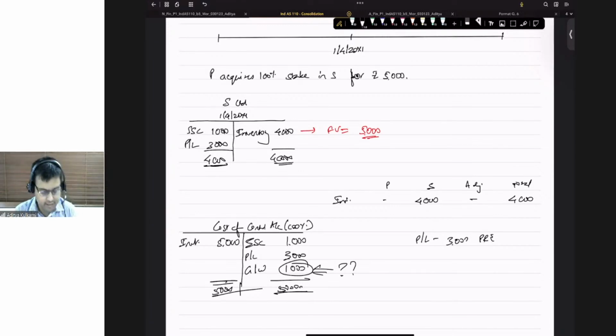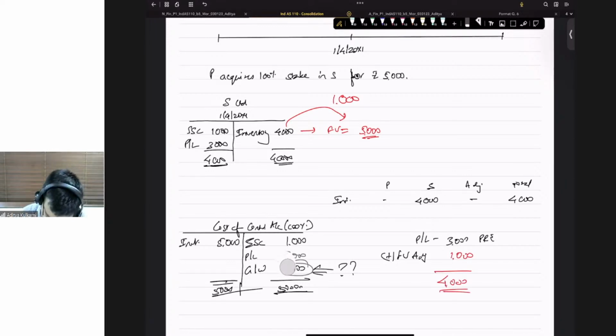What we will be doing is adding the fair value adjustment. There is an increase in value of 1,000. So add 1,000. So your pre-acquisition P&L is actually worth 4,000.